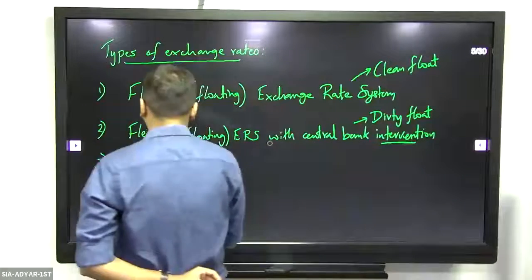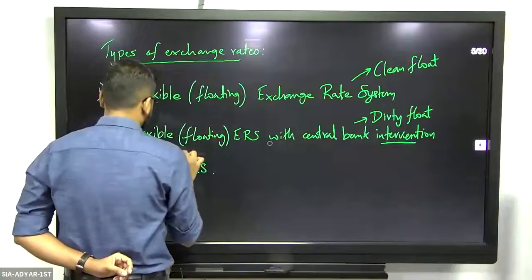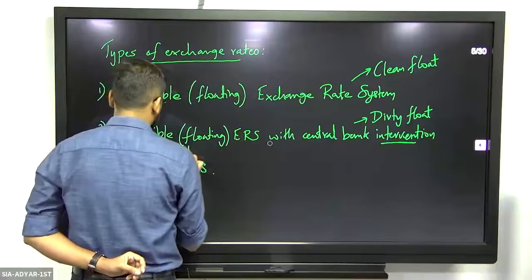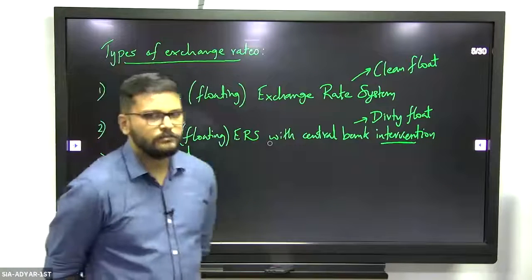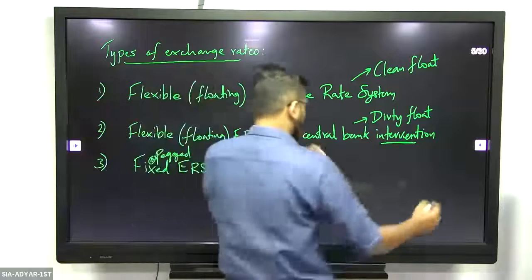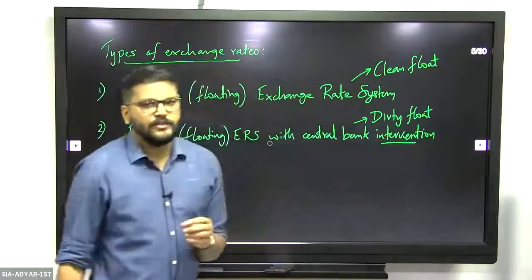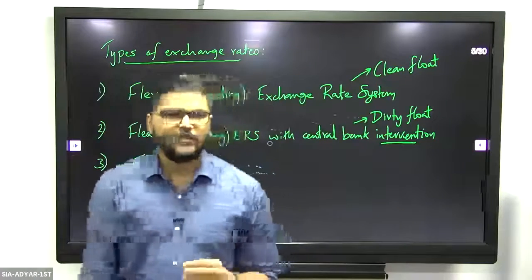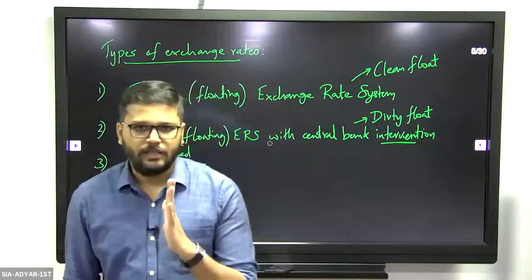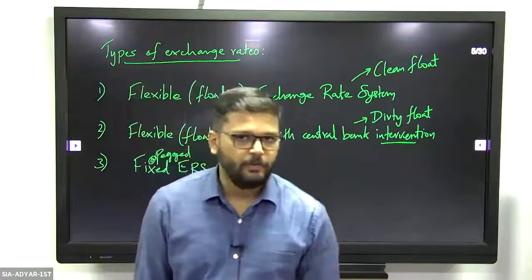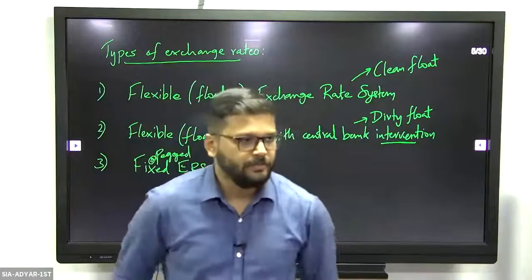It is also called the pegged exchange rate system. See, in a fixed exchange rate system, the RBI or the central government makes a declaration one day that from today onwards, the exchange rate between dollar and rupee is going to be $1 is equal to 10 rupees.